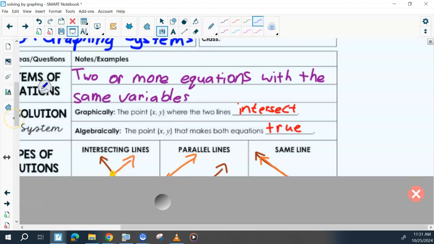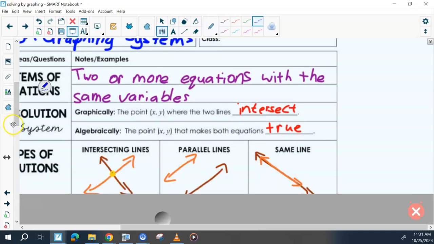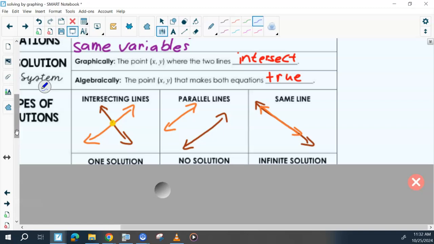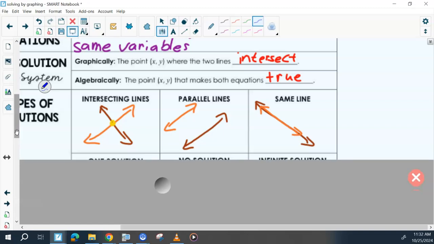And then there are 3 types. I want you to draw this, do a rough graph of this. So the intersecting lines are the examples we were just doing.